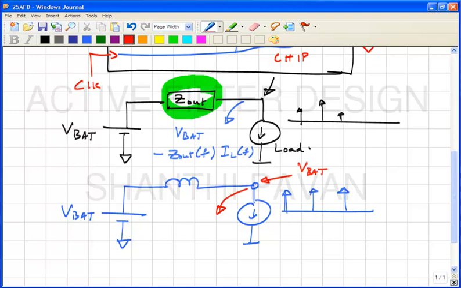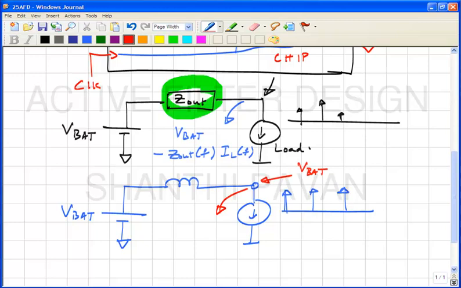What must happen to its voltage? Right. It must go to infinity. In fact, the voltage is the derivative of an impulse. Correct. So you will find that this voltage is on the average V bat, but instantaneously it is jumping up and down by very, very large amounts.